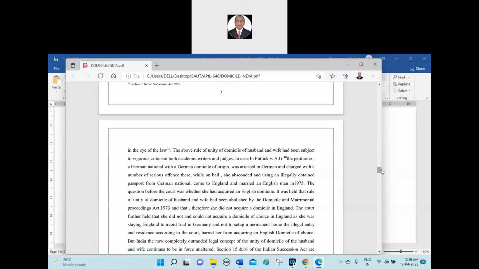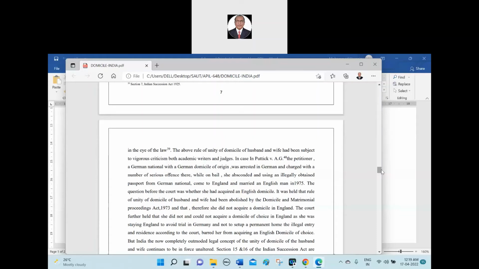Do you know why she came from Germany to England? She was facing criminal charges there in Germany. And in disguised form, she got married to the Englishman, thinking that she would get the husband's domicile.